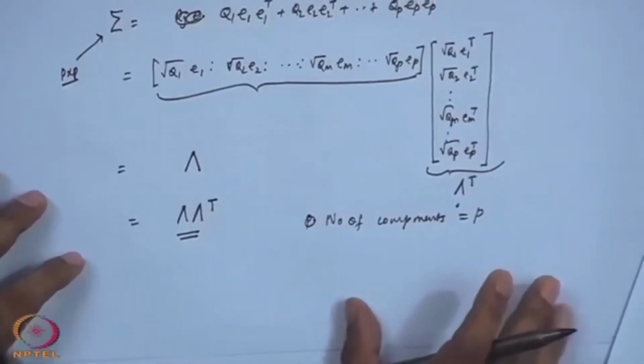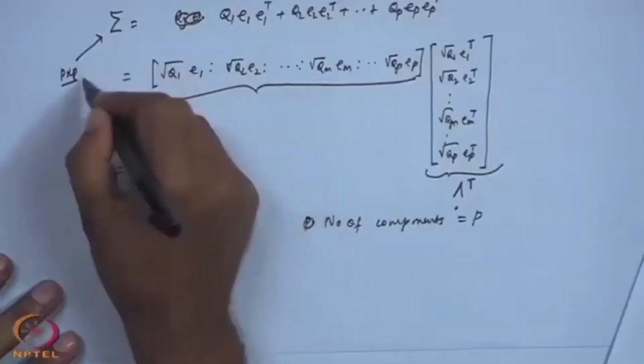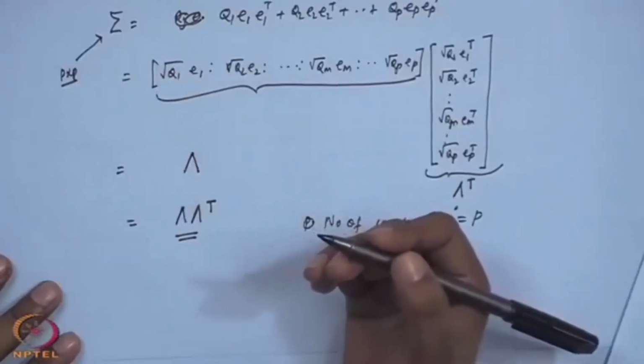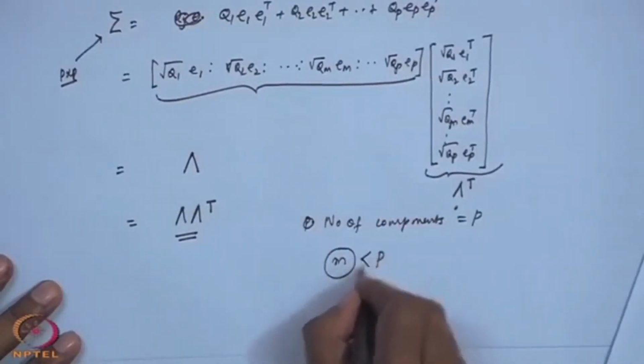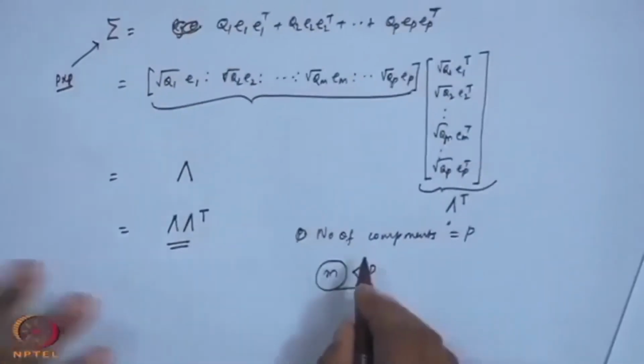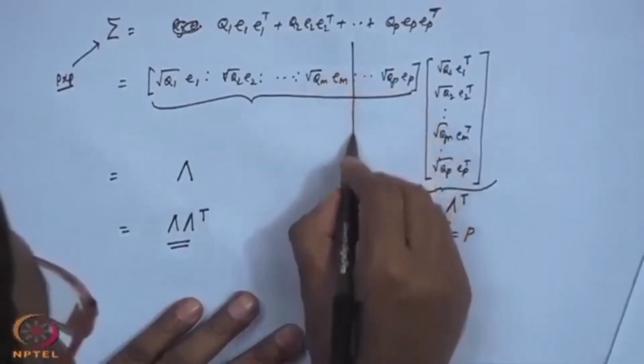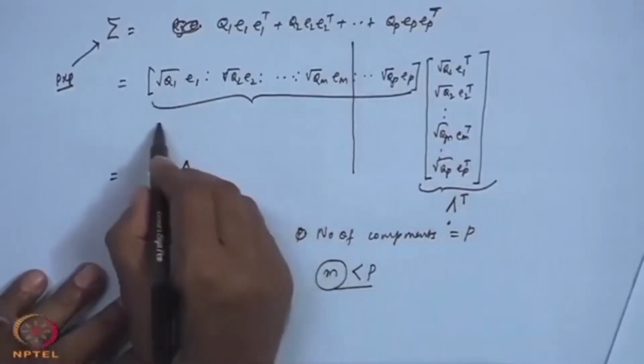But in factor analysis, what is the purpose? The purpose is that there are many variables which are correlated. So in that case we want a much smaller number of factors, that is m, where m is less than p.